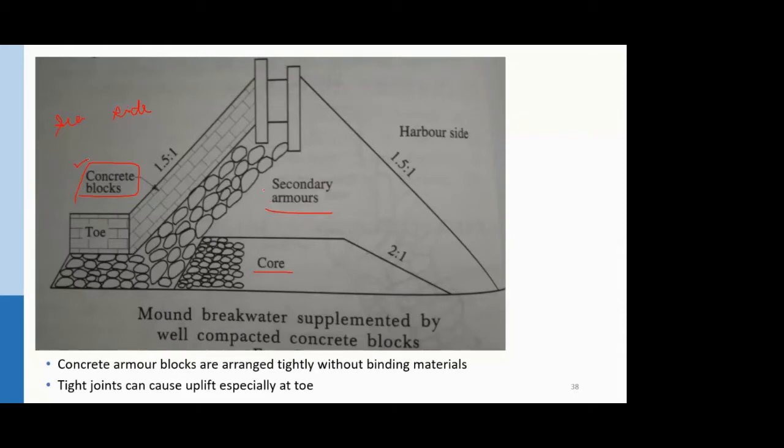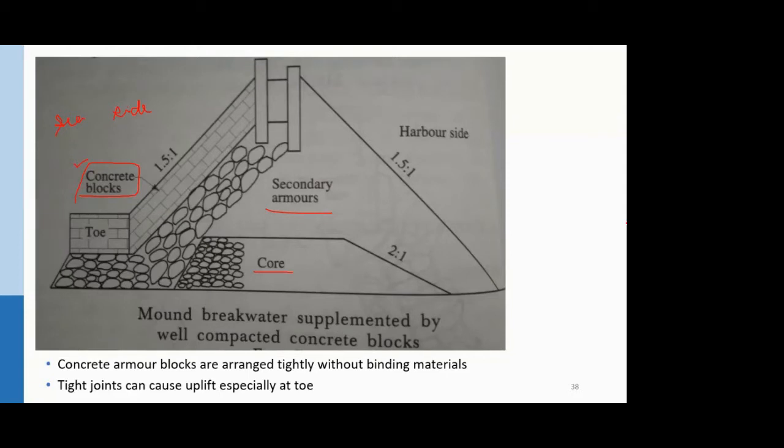But now what happens is, due to this arrangement, the gaps between the concrete blocks are very small. We had seen this in the rubble mound breakwater, where I told you that we purposefully leave gaps between the rubble or the boulders, because when the wave breaks, the water will ingress into those gaps and then go back towards the sea.